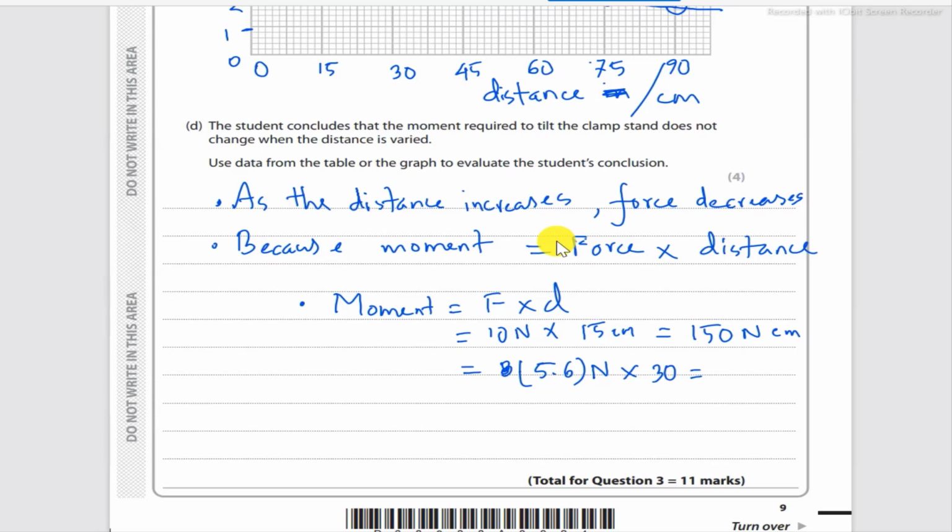So evidence shows moments are not all the same.